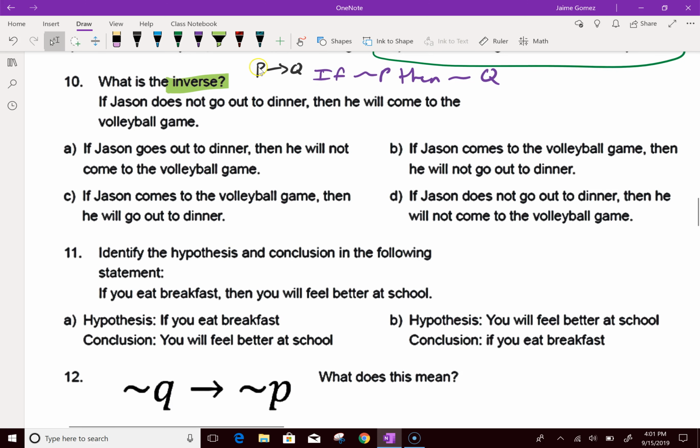It's still the letter P. So don't flip anything. All we're doing is adding this little squiggly line, and the squiggly line means put the word not. That's it.